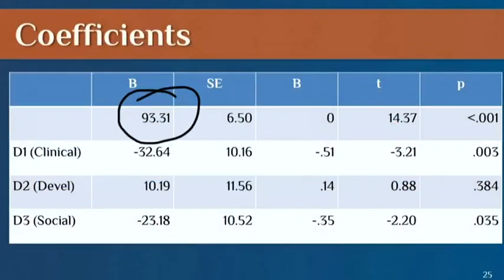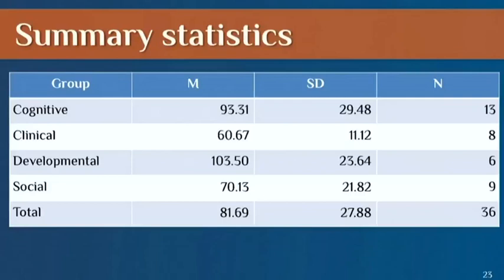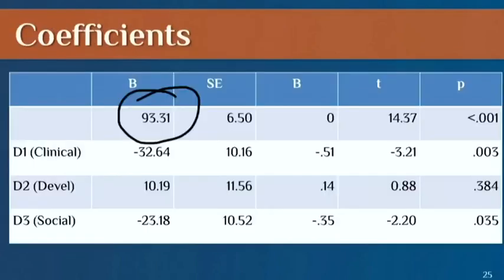So that's the predicted score for cognitive. If I go back and look at the mean for cognitive, it was 93.31. And that's exactly what I get for the regression constant. It's the mean for cognitive because I made cognitive the reference group.